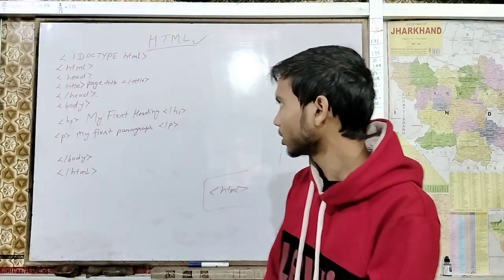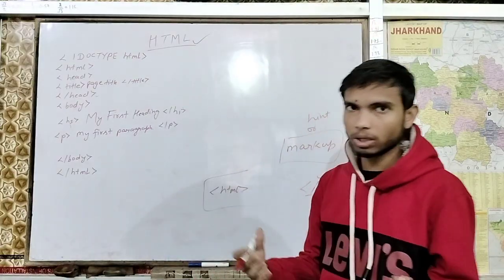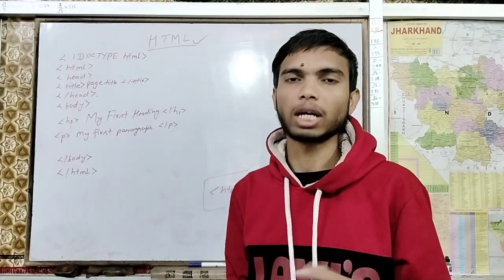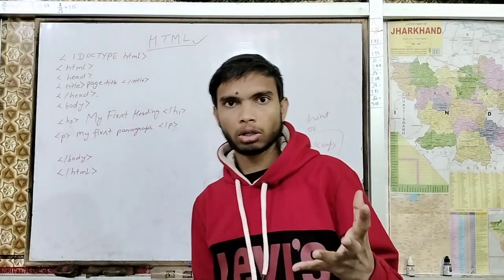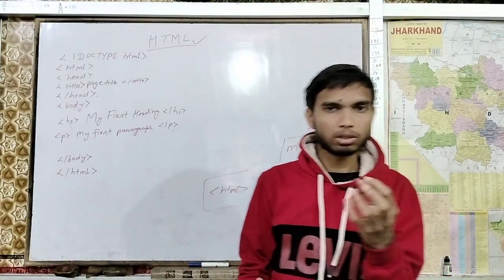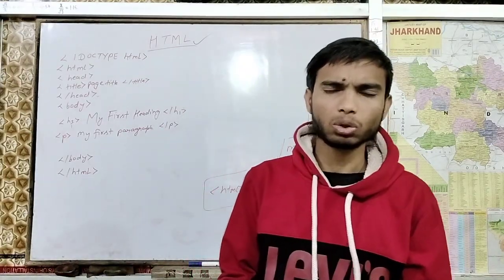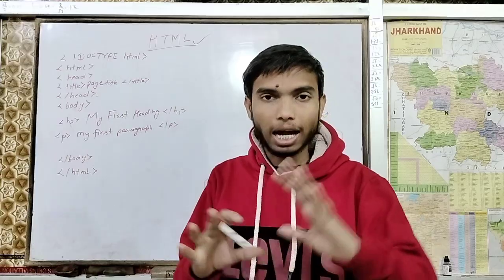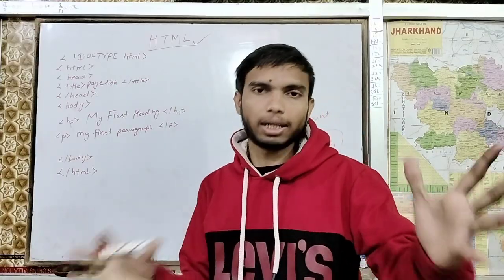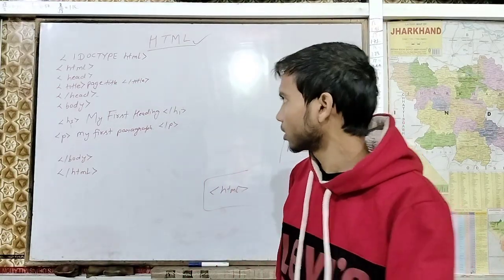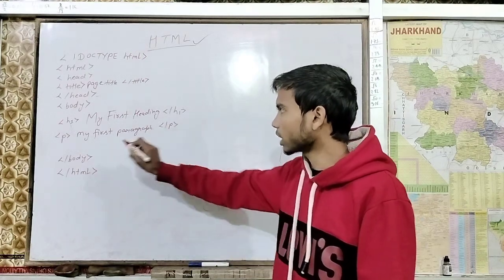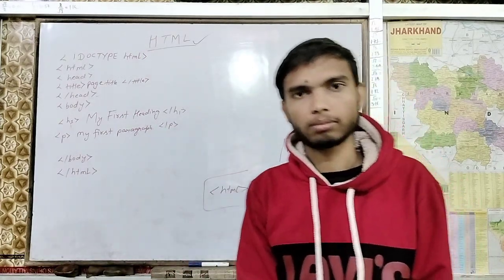So h1 till h6 is the size, the height of the font. You select h1 to h6 to apply the height of the text. Now next we have p.